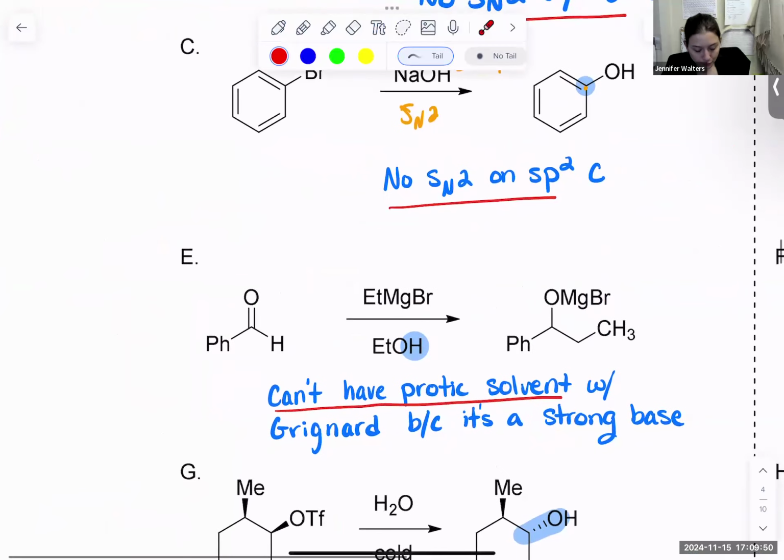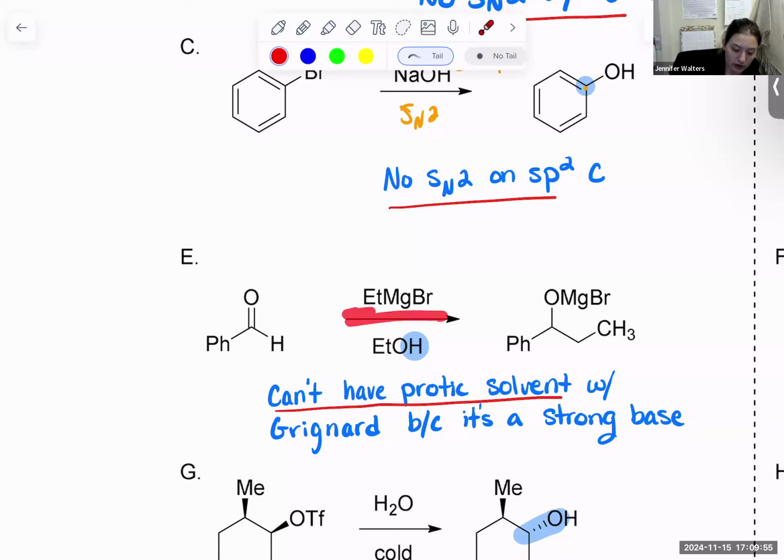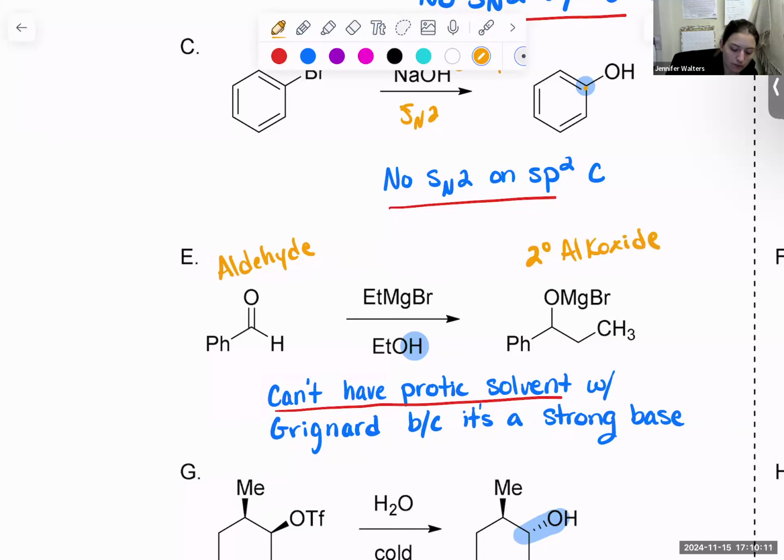E. So for this one, we are adding a Grignard into an aldehyde. So remember that when we go from an aldehyde with a Grignard, we're going to end up with a secondary alcohol, or in this case, alkoxide. But secondary is the key thing.